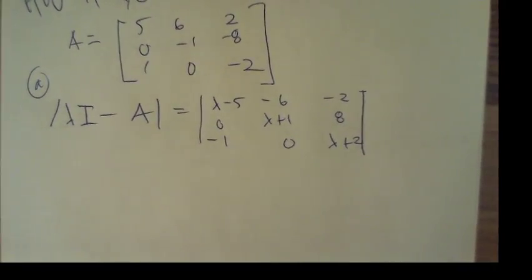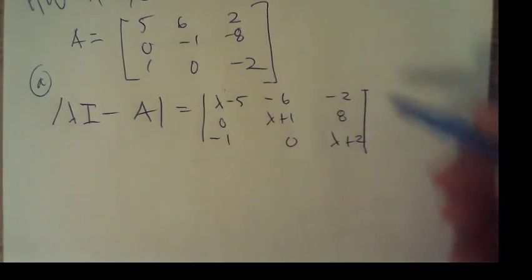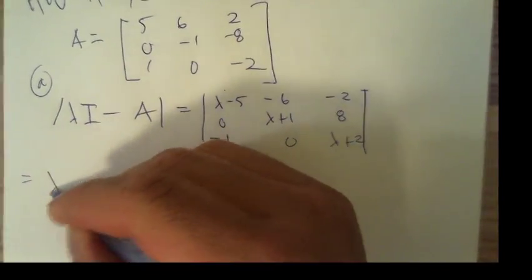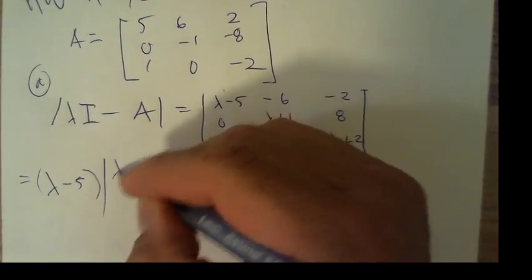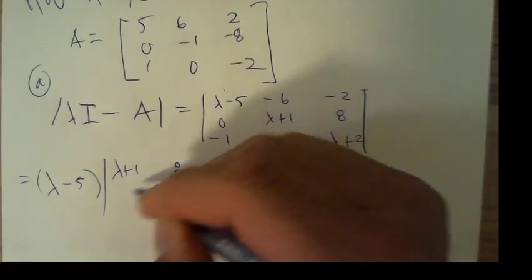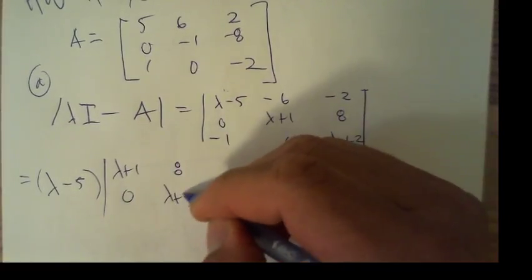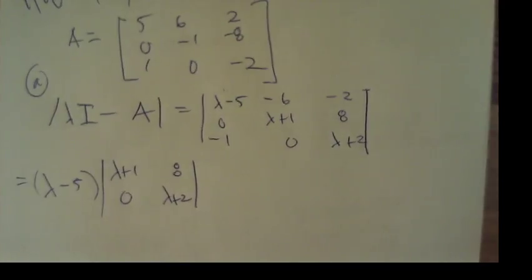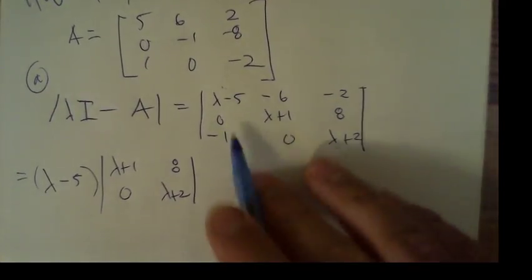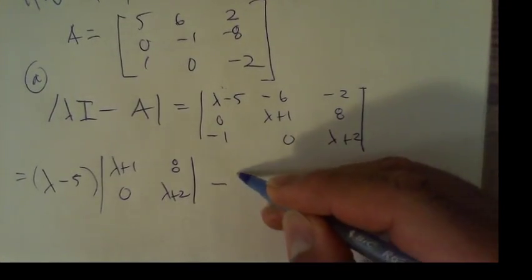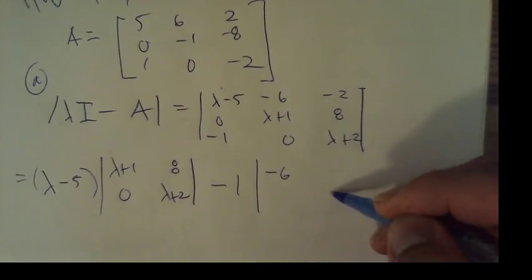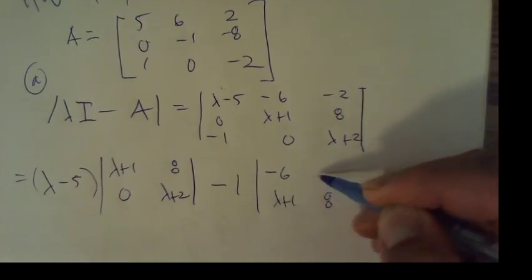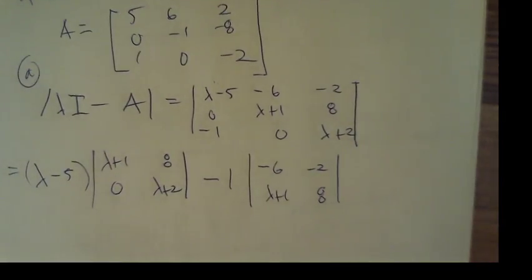So again, let's expand here, I guess, along that first column. So I'm going to look at lambda minus 5, and then the cofactor. All right, and then that one's 0, so then minus 1. And then here, blocking this one out, we get negative 6, 8, lambda plus 1, negative 2.